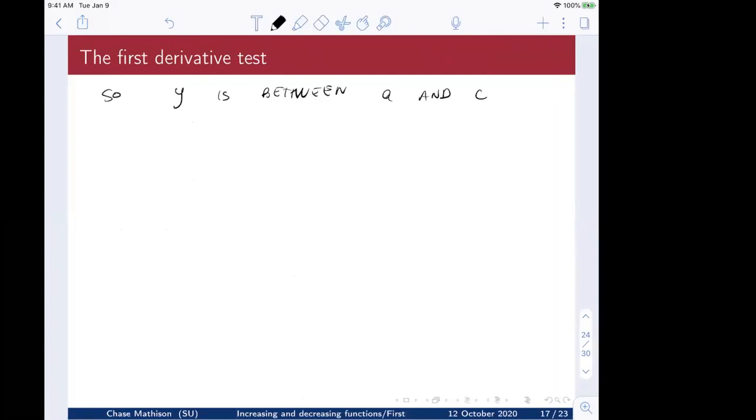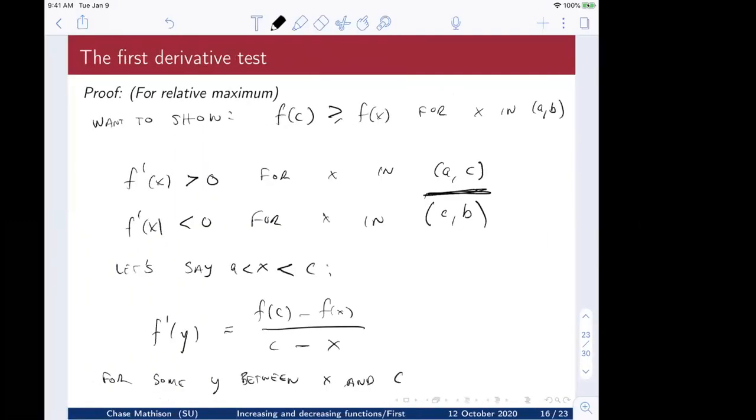Okay. So y is between a and c. So that means that's exactly where f prime of x is bigger than 0, right? That means f prime of y is bigger than 0. Okay. So this is bigger than 0. We're assuming x is less than c, so c minus x is bigger than 0.